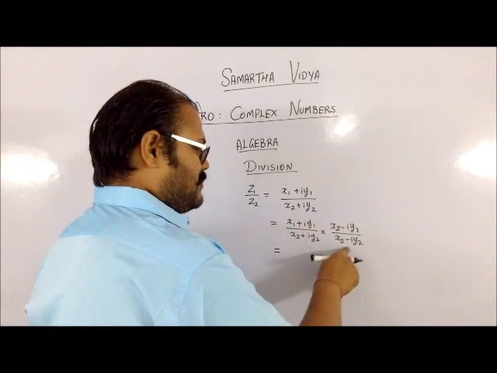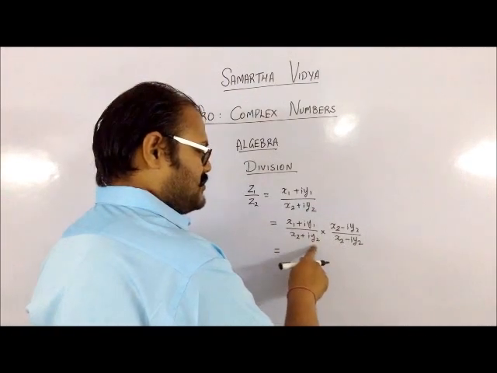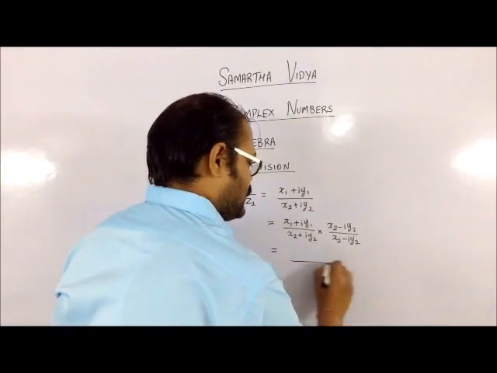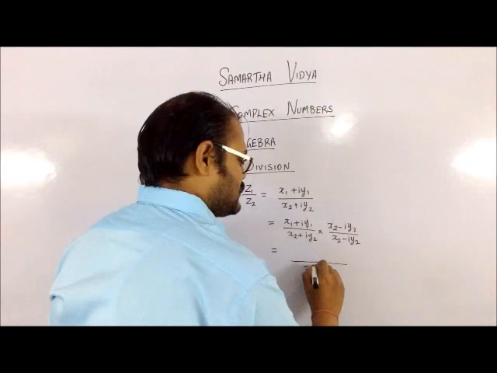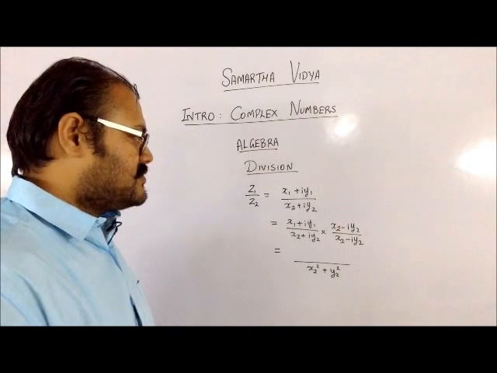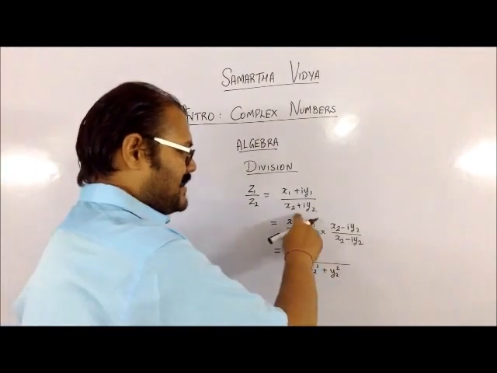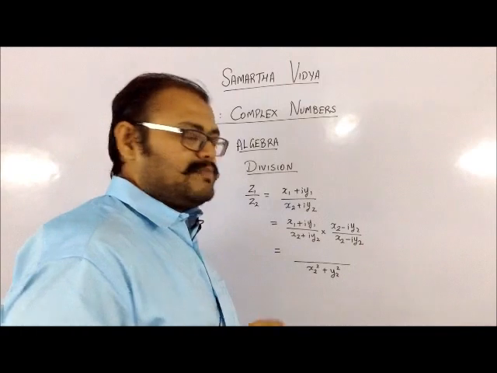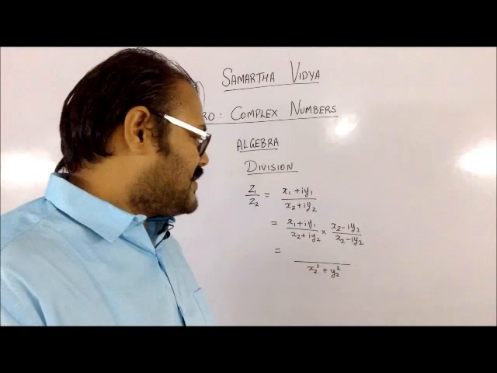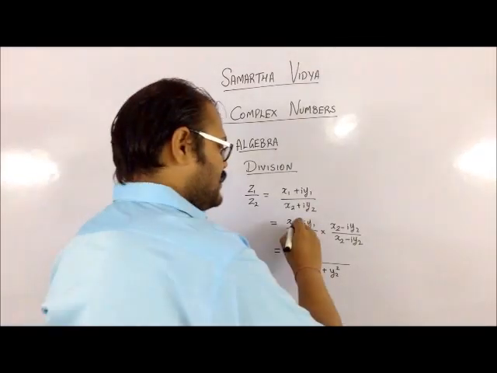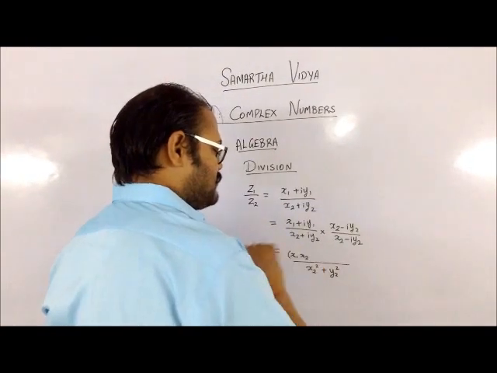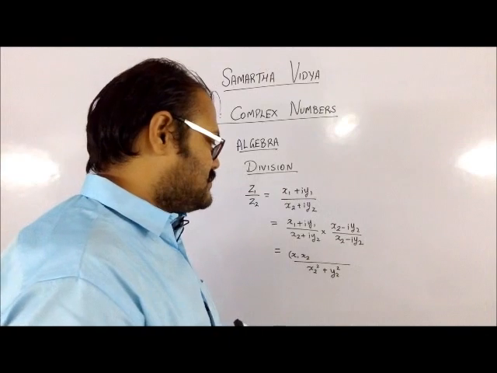If you observe the denominator, you have a complex number into its conjugate, so the answer is the real part square plus the imaginary part square. The numerator is the multiplication of two complex numbers. Basically we are not dividing exactly, we are solving it by the multiplication method. So x1 into x2 becomes the first real part of the complex number.